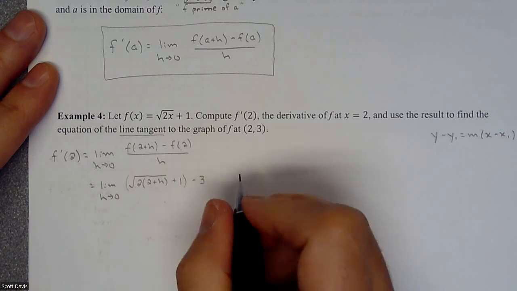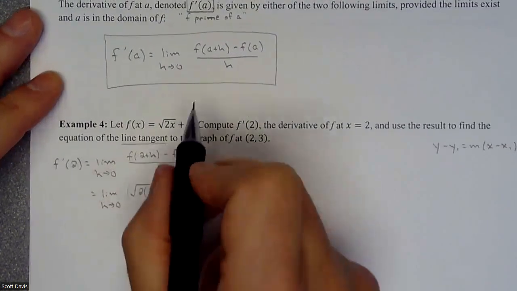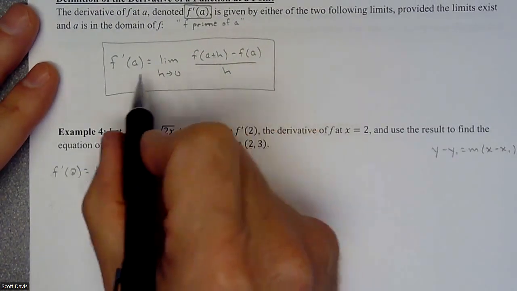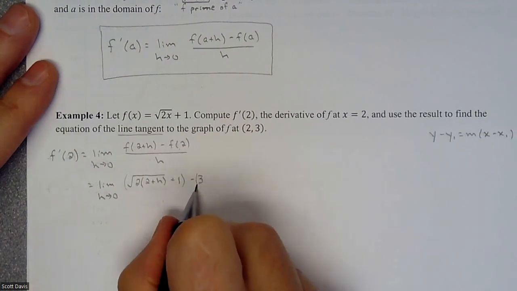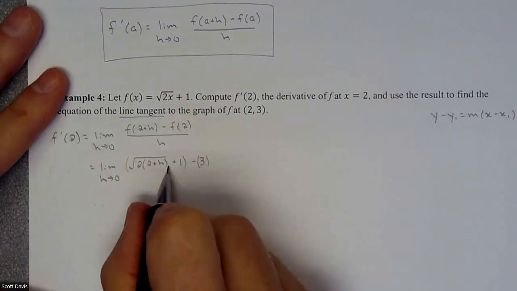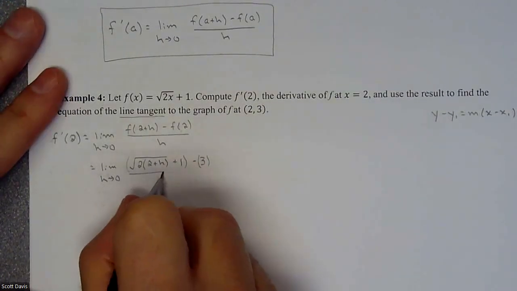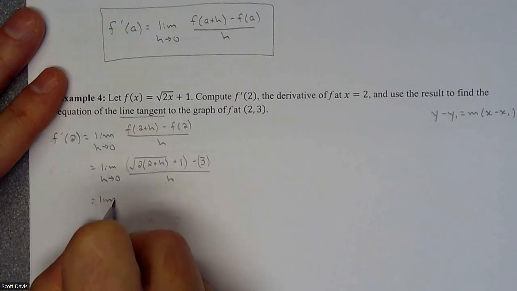So minus 3. I put the parentheses on these things frequently because especially when we start to generalize the equation rather than an actual value, we're going to have some distribution that we're going to be doing. So I try to keep good habits as I go through it. There's nothing to distribute here, so I really don't need it, but we'll need it on future ones. So limit as h approaches 0.